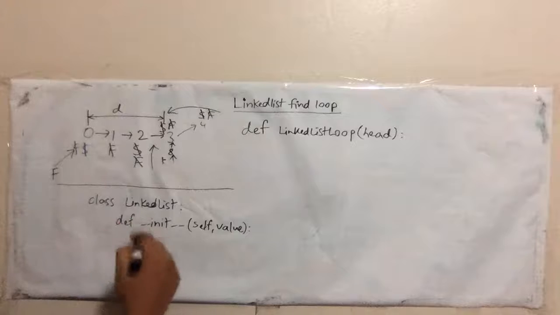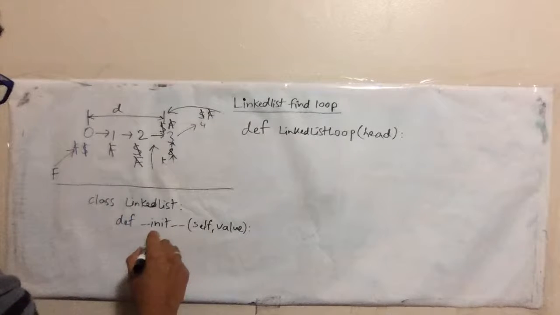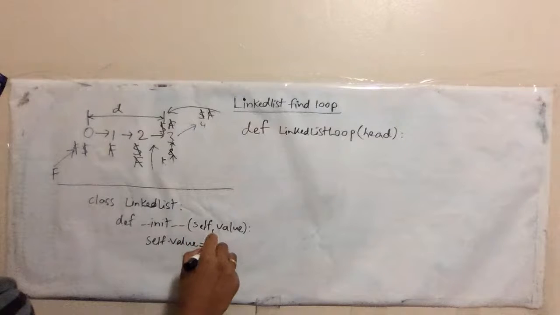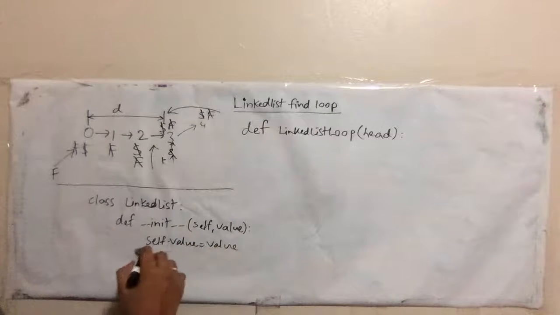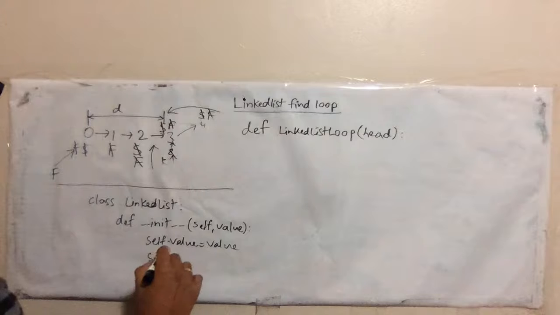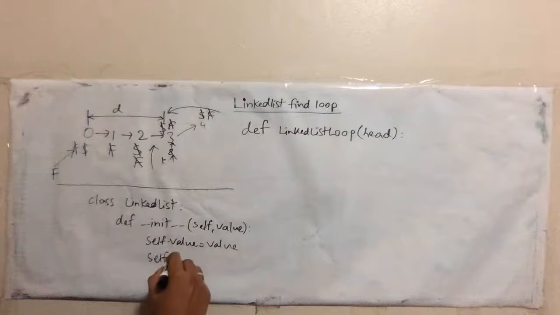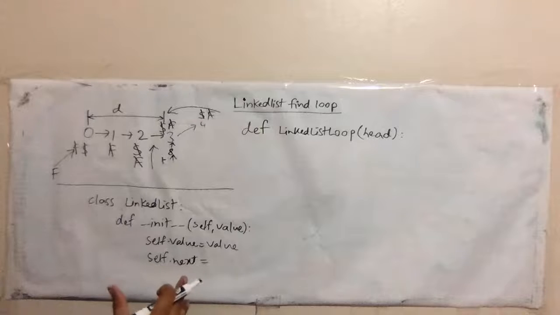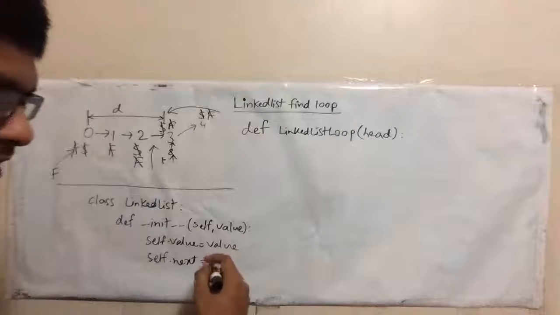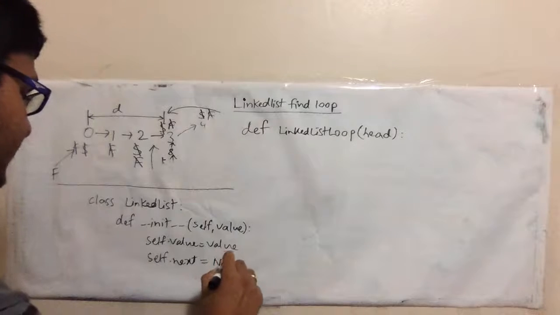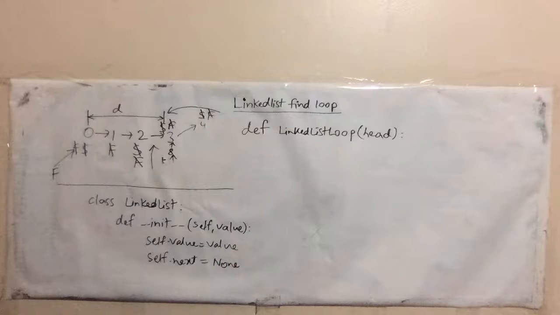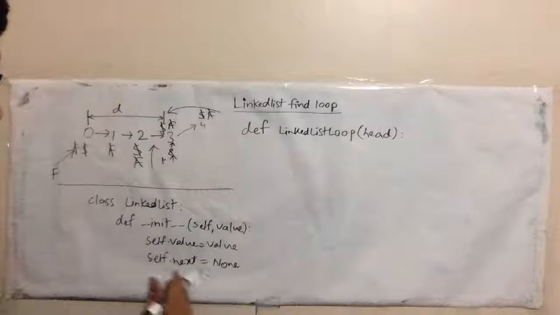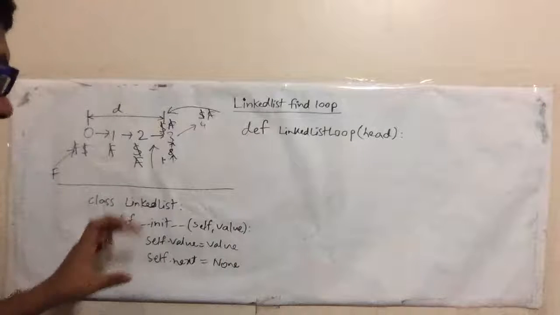For each node we set self.value to value, and we pass the next attribute and initialize that to None. So this is the constructor, and we need to consider this too.